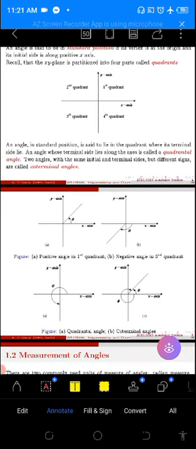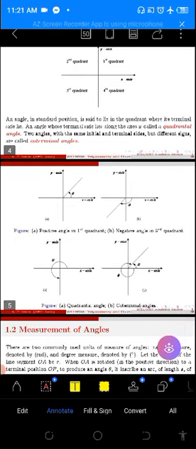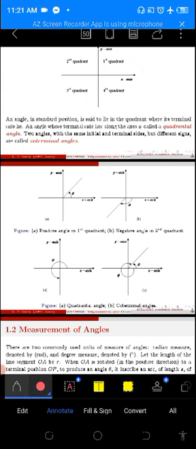An angle in standard position is said to lie on the quadrant where its terminal side lies. So, for example, whenever you have an angle, if the terminal side is ending in a particular quadrant, then that angle is lying in that quadrant. For example, look at the example A here. This line, the terminal side is lying on the first quadrant here.